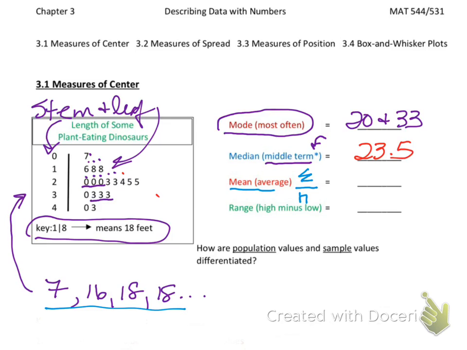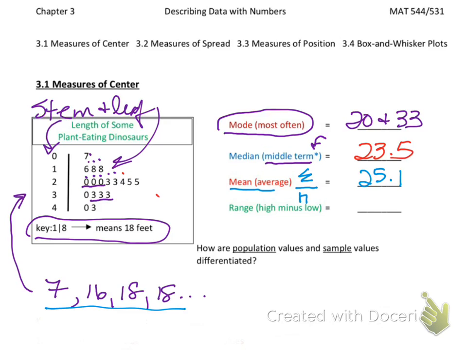And when you do that, I am getting 25.1. So your mean could be a number in your data, or perhaps not. It could be a fraction, it could be a decimal. It just depends on how things fall out when you sum all the terms and divide by the number of terms.